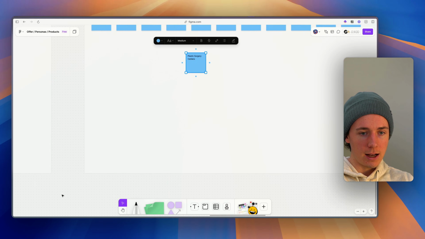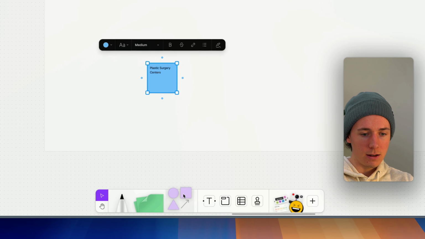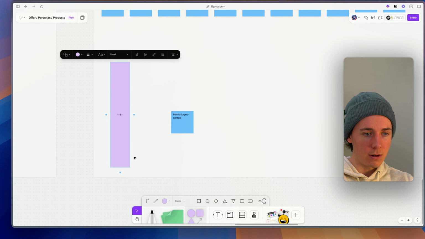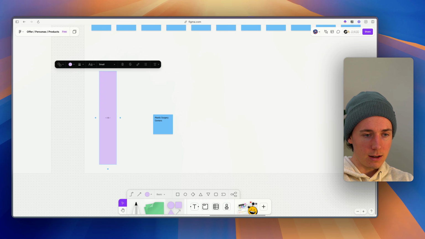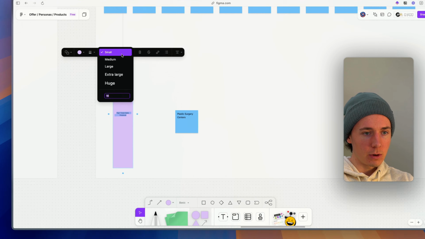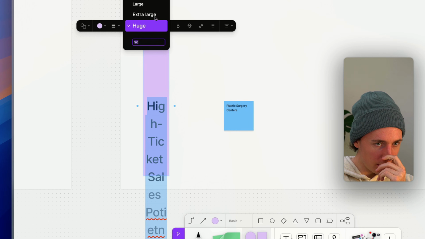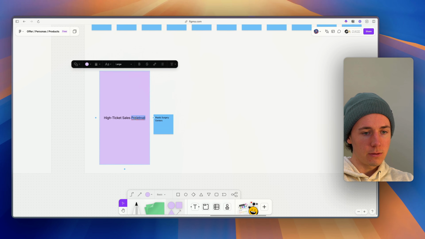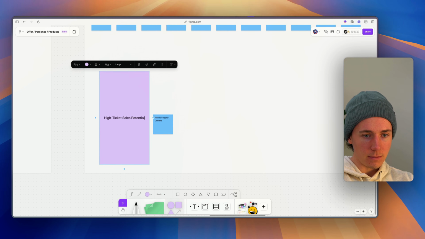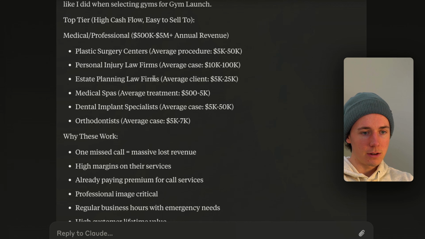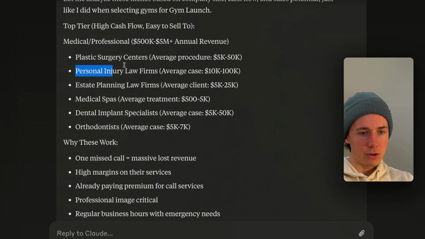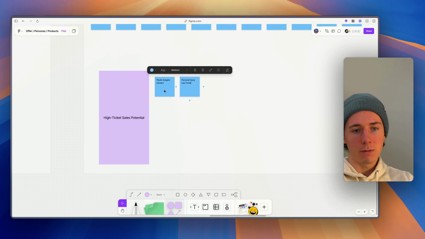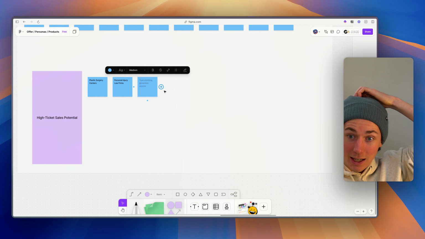So let's do high profit potential, high ticket sales potential, and we're going to do large. So let's say that's what we're looking for. Plastic surgery centers, personal injury law firms. I guess law firms probably, because we're not giving them any advice.